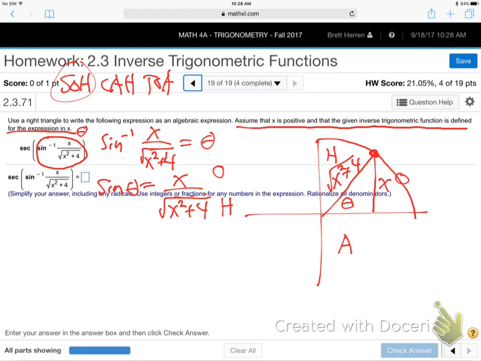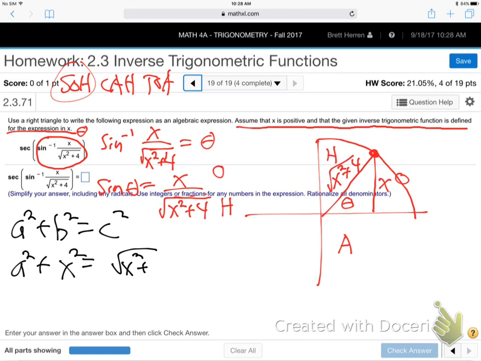So opposite over hypotenuse. Now, how are we going to find this side? Well, Pythagorean, right? a squared plus b squared is c squared. We don't know a or b, it doesn't matter. A and b are interchangeable. Plus x squared is c squared. So it's the root of x squared plus 4, squared, which is just going to tear off the root.